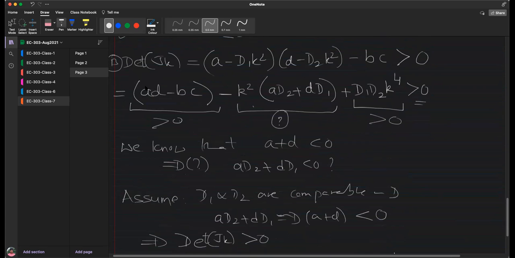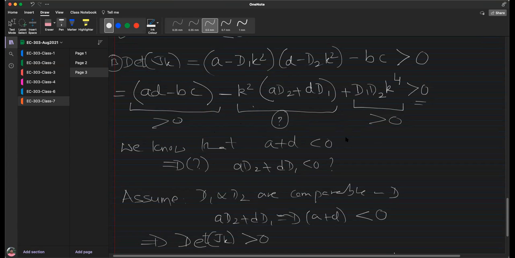So as you can see, this is positive. This is positive. The only way you can change the stability is by having the middle term be a very large negative term. If this middle term, which includes a negative sign, becomes very largely negative, so that the total term becomes negative, then what happens to the stability?